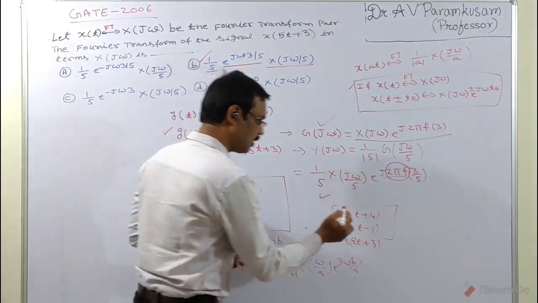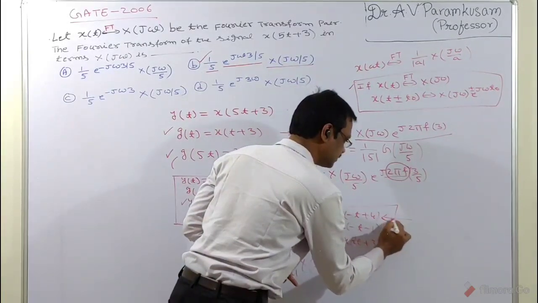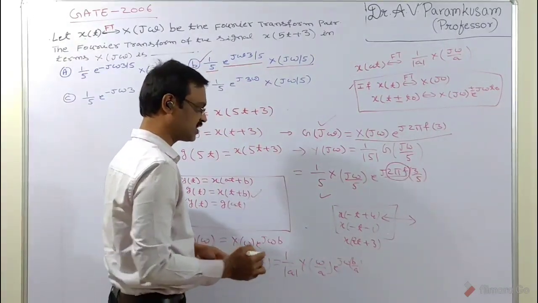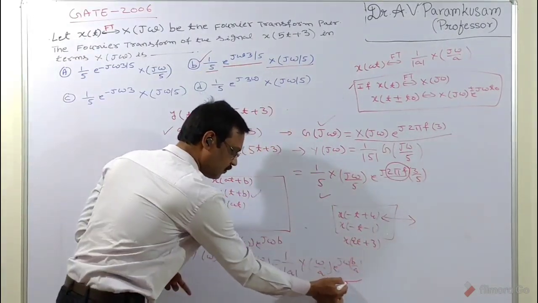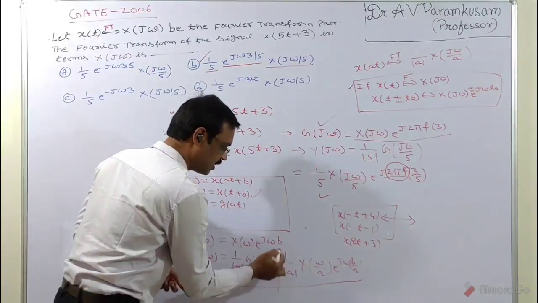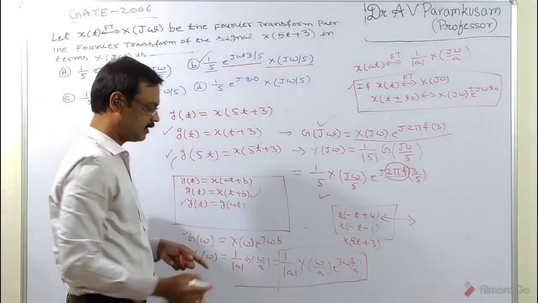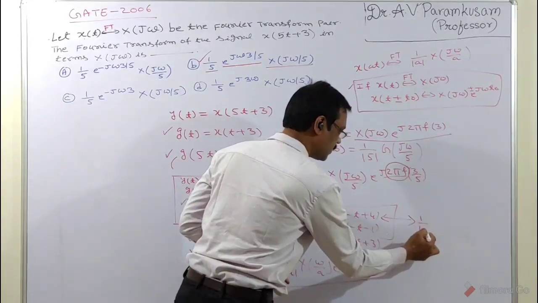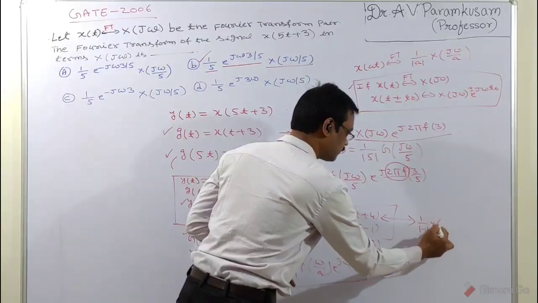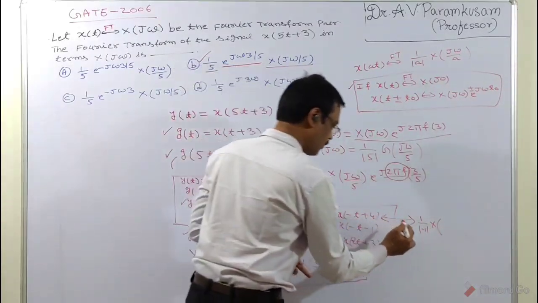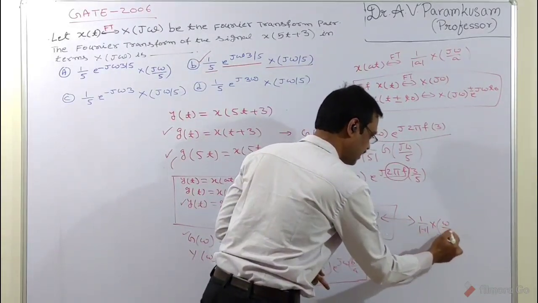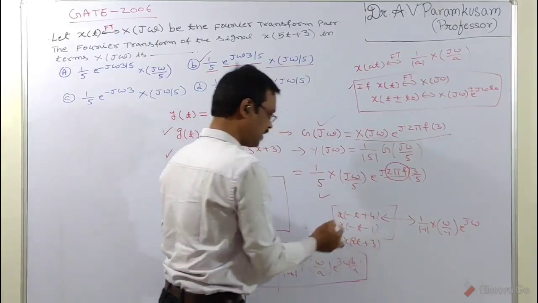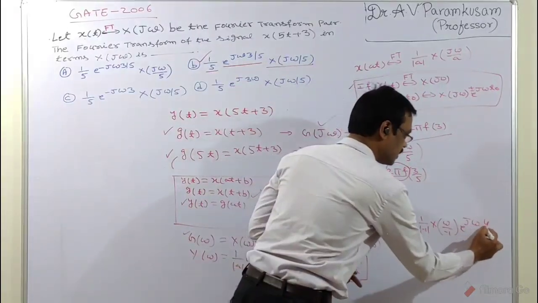For example, I will find the Fourier transform for the signal x of minus t plus 4. What is the value of a? a is equal to minus 1. So what is the expression? If you remember this expression, then you can write directly: 1 by mod a, which is 1 by mod minus 1, into X of omega by a, with a equal to minus 1, e power j omega b by a. b is equal to 4, a is equal to minus 1.